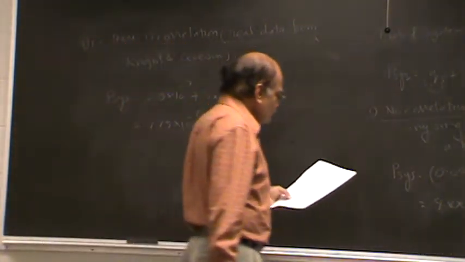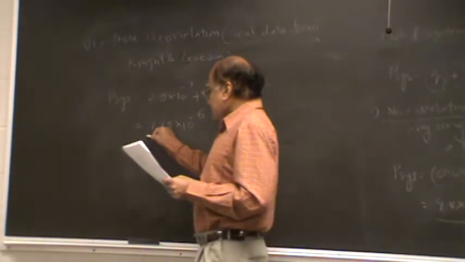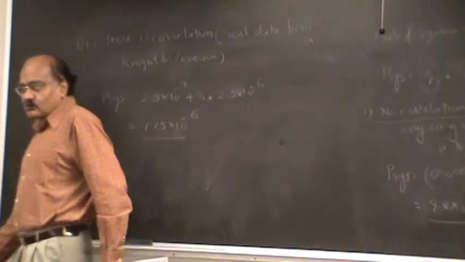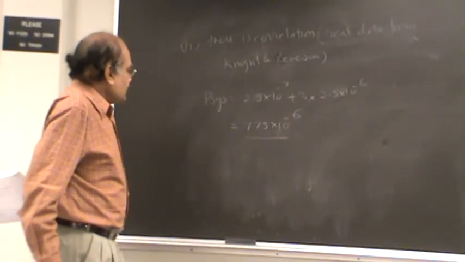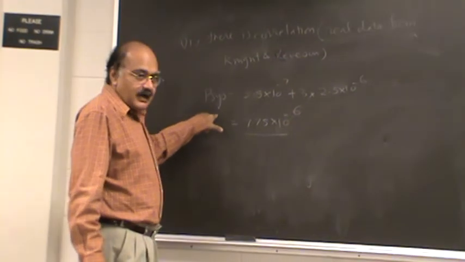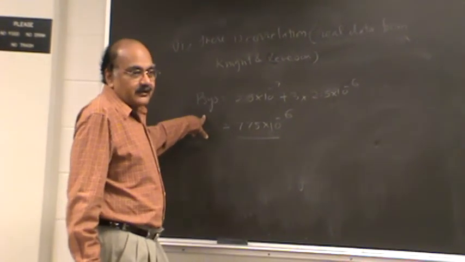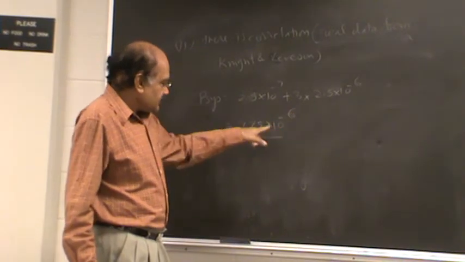Okay, so how do they compare? This is a real number when there is correlation, and so you can see that the probability of system failure is higher by an order of magnitude, right? 10 raised to minus 7, 10 raised to minus 6.